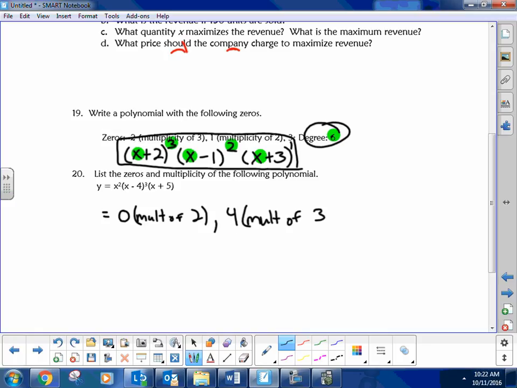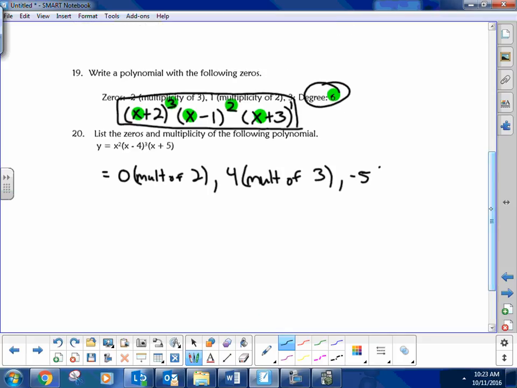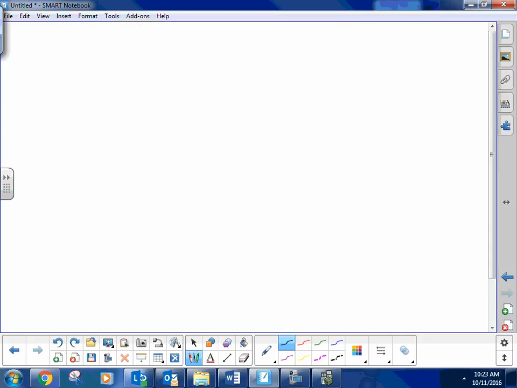And then after that, we're going to have negative 5 with the multiplicity of 1. You don't have to write it down, but you just have to write down the factor. Let's take a look at if there's any more. I know, that's it.